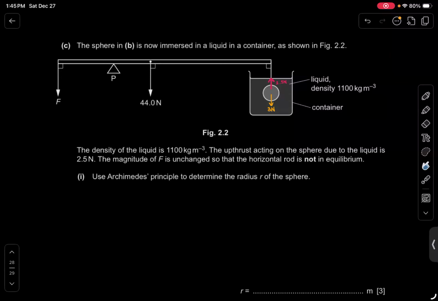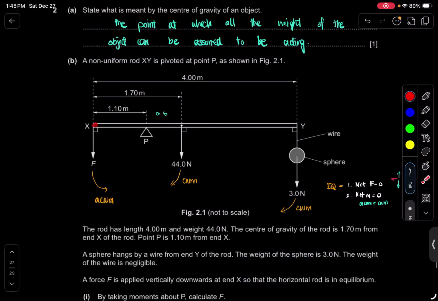Okay. Now, if you think about this question, initially the rod was in equilibrium, right? Because all the forces that want to make you turn clockwise are equal to all the forces that make you want to turn anti-clockwise.